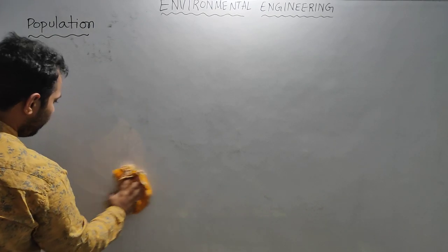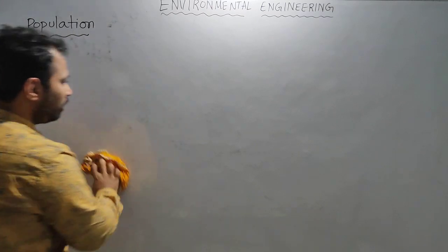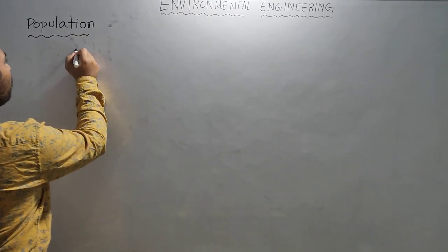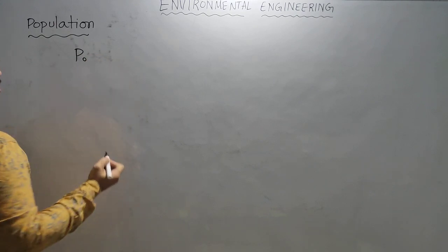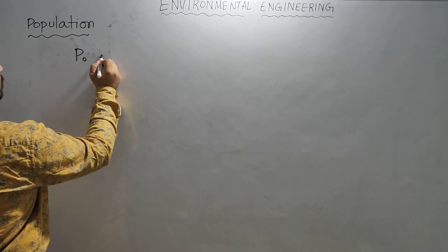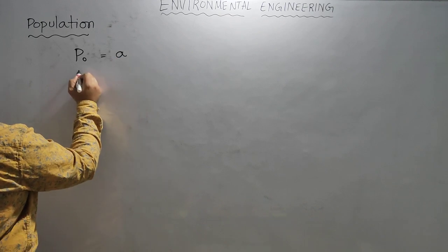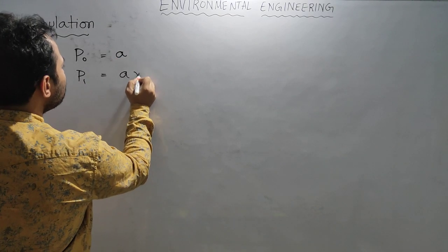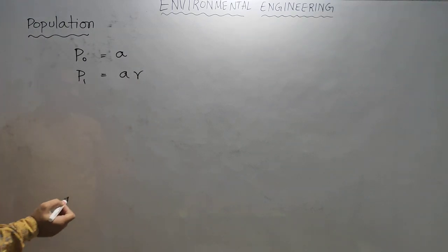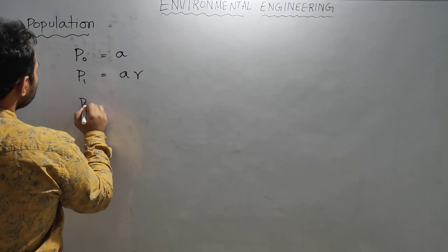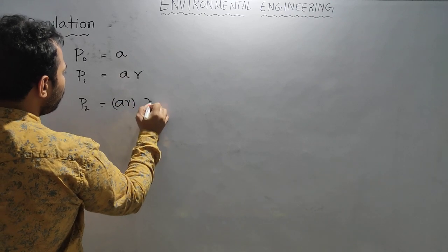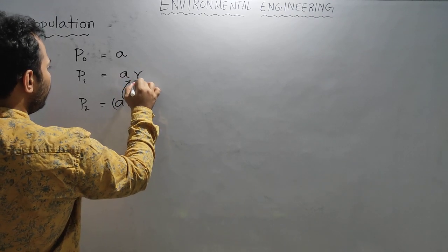If you look at the geometric progression, for example, let today's population be P0. Let the population after 1 decade be A into R. After 2 decades it becomes A R into R, which is nothing but Pt.